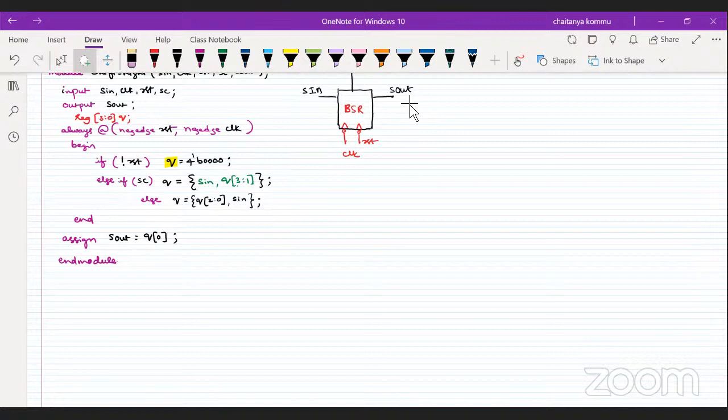There is an ambiguity in S out, right? We are able to see the S out only for the shift right operation. Are we able to take the S out related to the shift left operation? Q3 will be there, right?